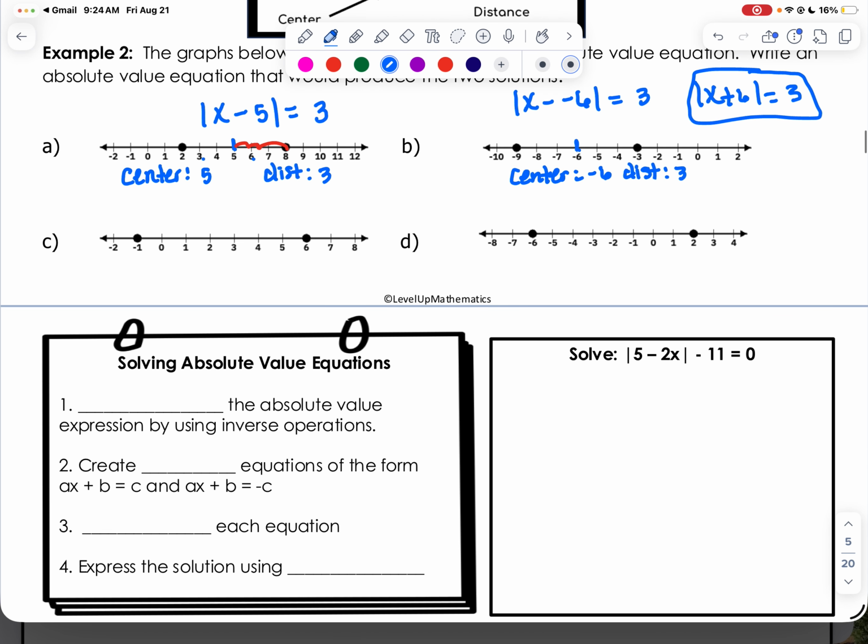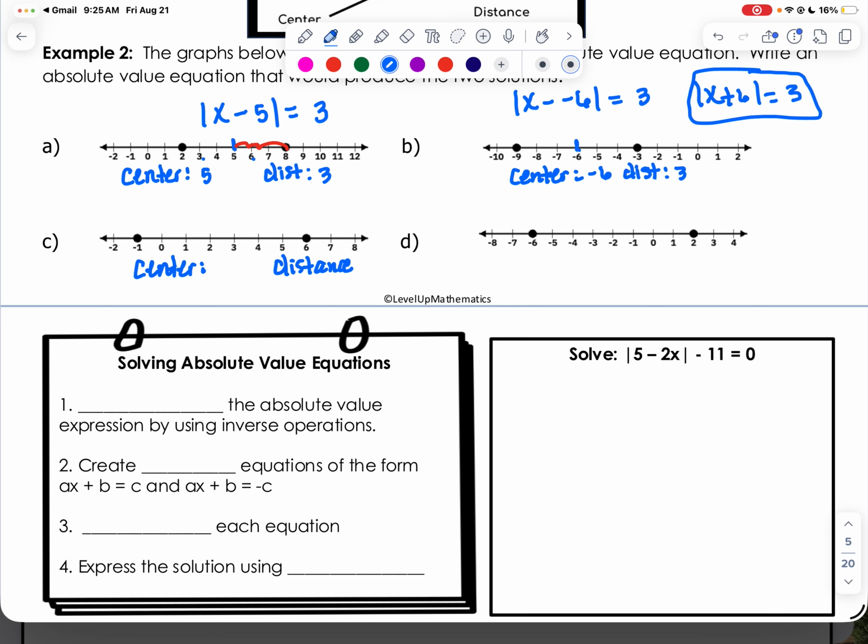All right, problem C. Identify our center and our distance. So 1, 2, 3, 4, 5, 6, 7. So these numbers are 7 units apart. So my center would be 3.5 units from -1.